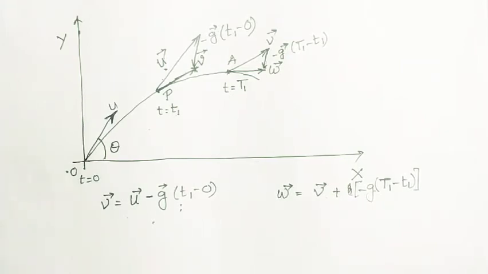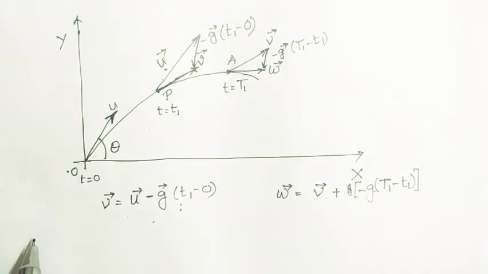Okay, so if I want to find out the velocity at this point, if I want to find out the velocity at t equal to t1, then I think you have not forgotten this relation. Just listen carefully: C equal to root over of a square plus b square plus 2ab cos theta. I know this relation is known to you.